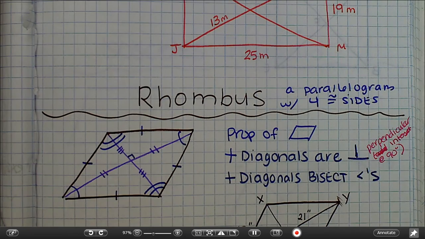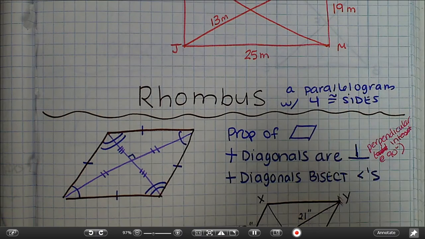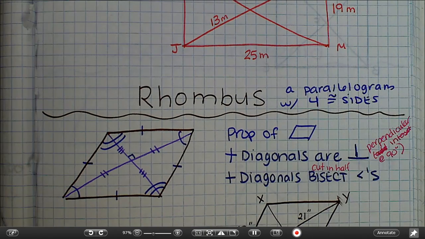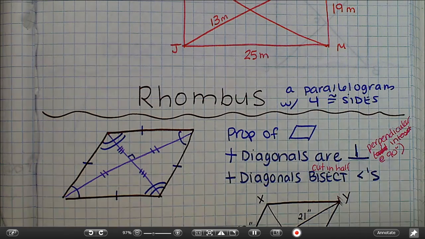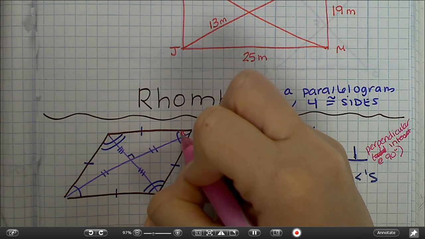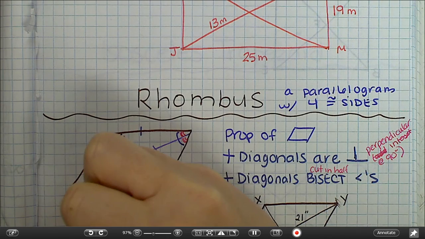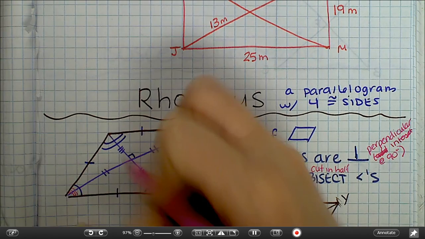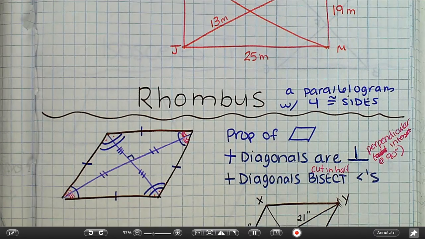And remember that bisect means cut in half. So that means that this piece here is congruent to this piece, and so on, like that. This one too is congruent to this, and this one to that one.